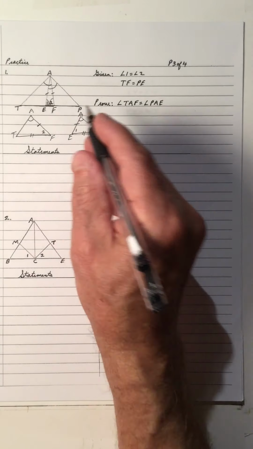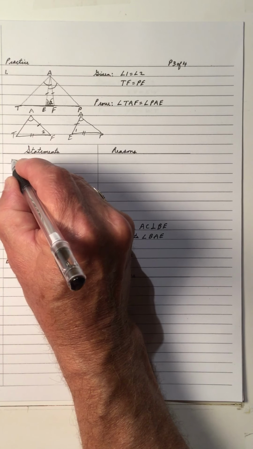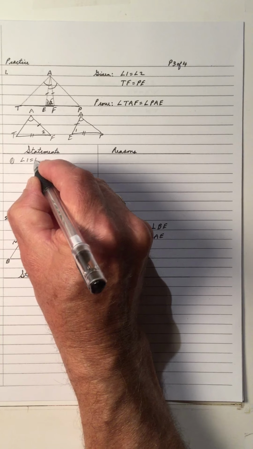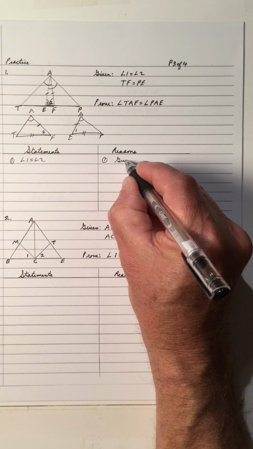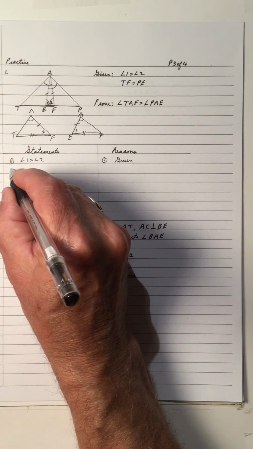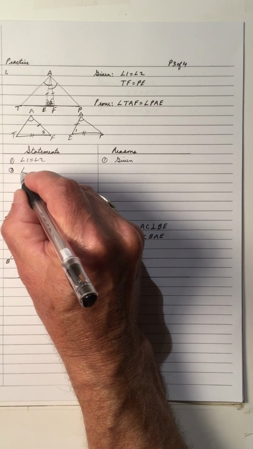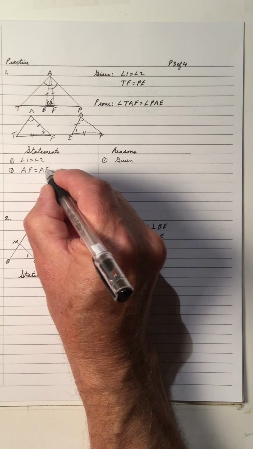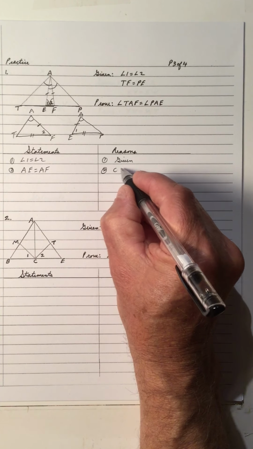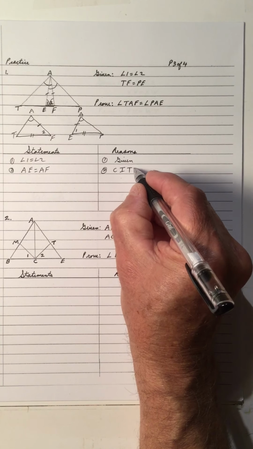So the big triangles are the ones we're going to do. So angle 1 equals angle 2, given. As a result, I have AE equals AF, converse of ITT.